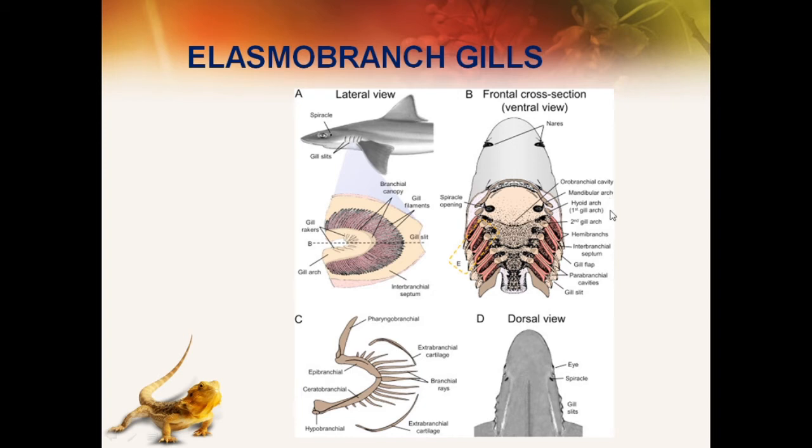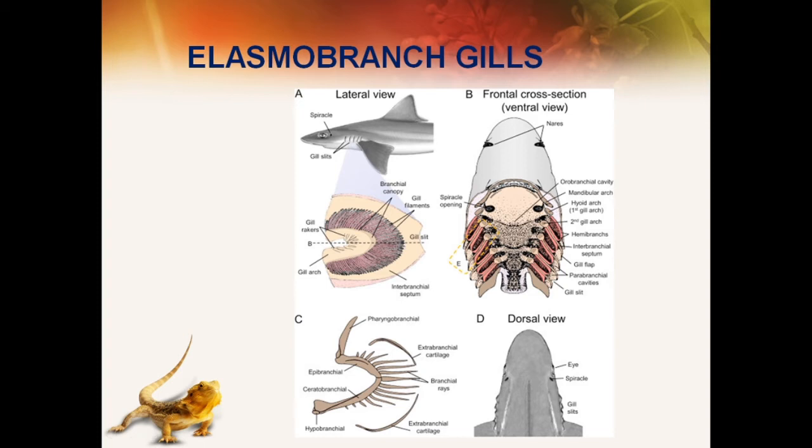This mucous membrane on either side of the septum forms many horizontal leaf-like folds which are called the gill lamellae or the gill filaments. You can see here, this is the septum and these are the gill filaments. They act as proper gills, supplied with blood by afferent branchial arteries.